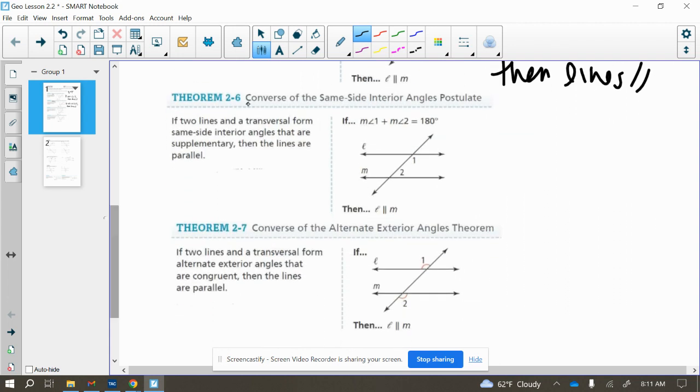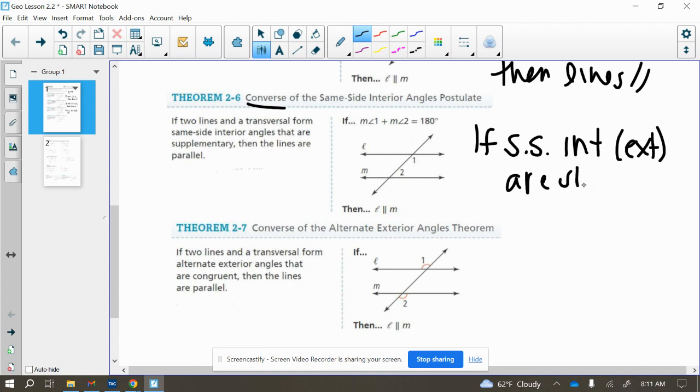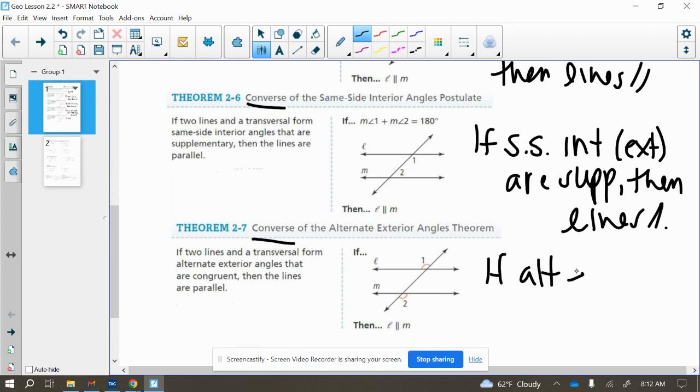Same side interior, the converse of that. If our same side interior or exterior angles for that matter are supplementary, then we know the lines are parallel. And then last but not least, converse of the alternate exterior angles. If the alternate exterior angles are congruent, then those lines are parallel.